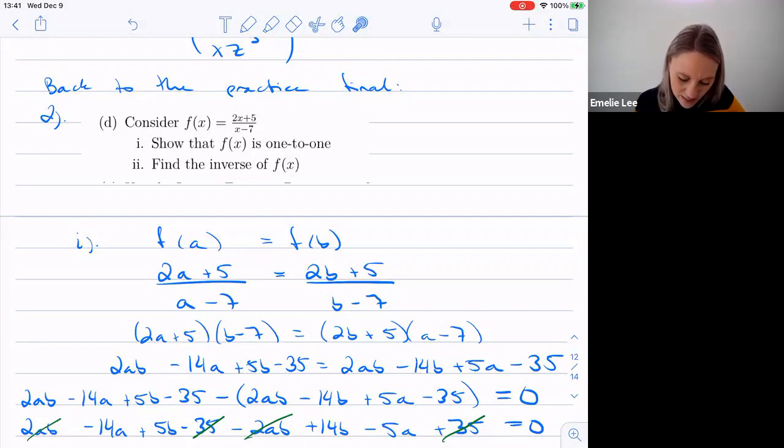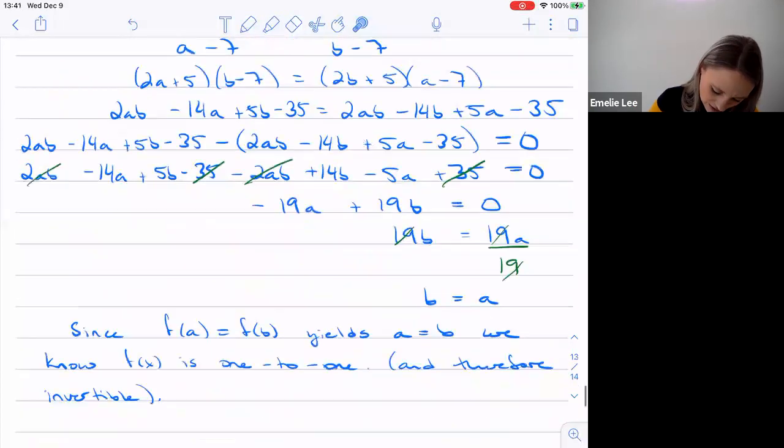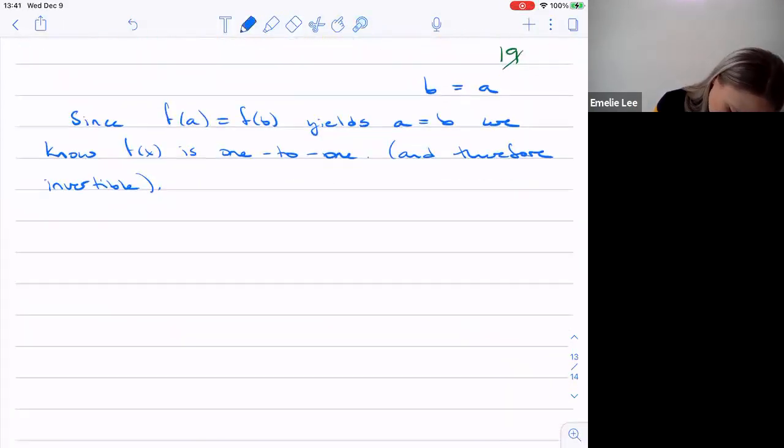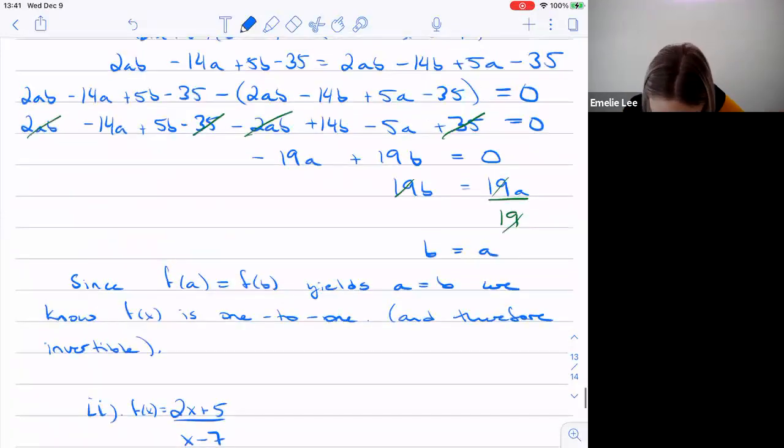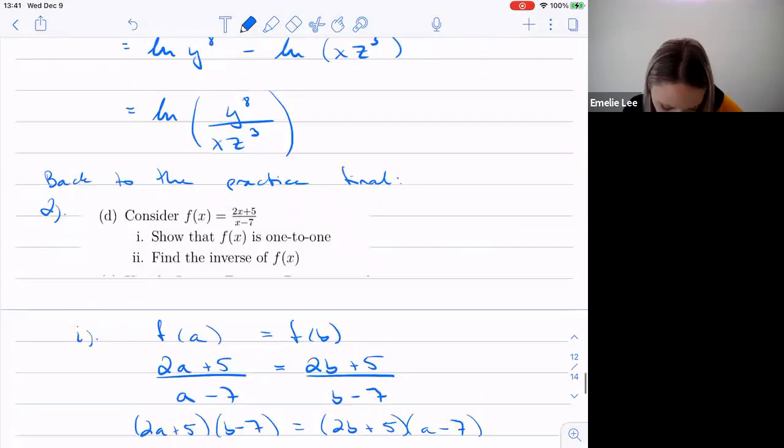So now we're going to find the inverse of f of x, 2x plus 5 over x minus 7. I'll just write out f of x is 2x plus 5 over x minus 7. Of course, I've said it so many times now, I've forgotten.